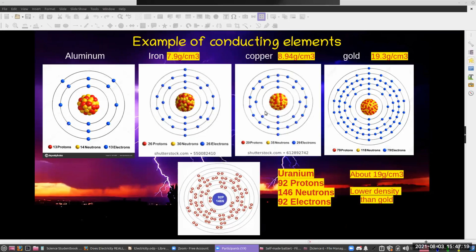The more circles I have around a material, as an example, aluminium I have 3, then iron I have 1, 2, 3, 4. And the more I go to gold, gold has 1, 2, 3, 4, 5, 6 electron circles. So we have here a lot of free electrons. And now we start getting closer. What is electricity?